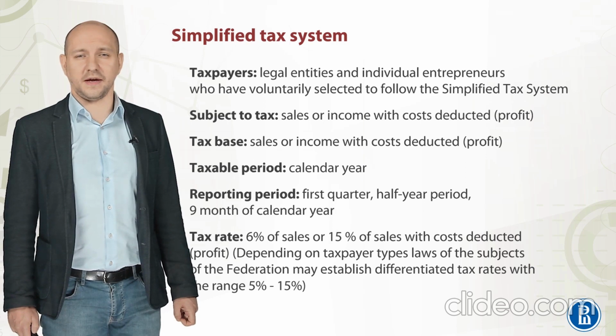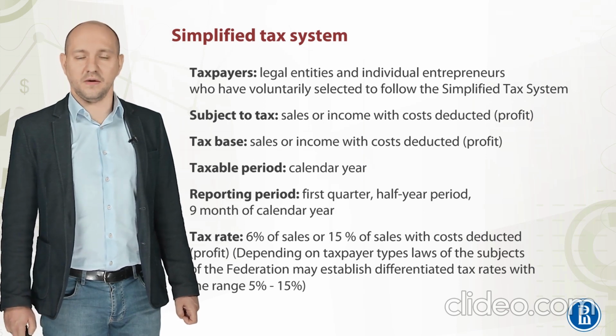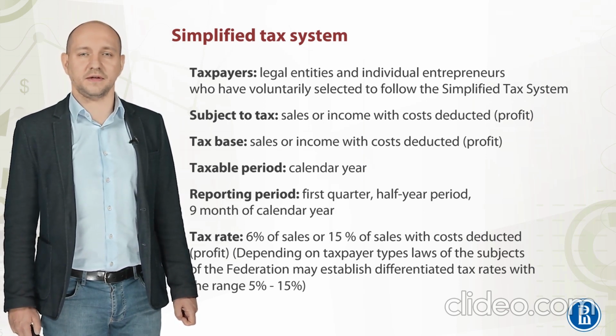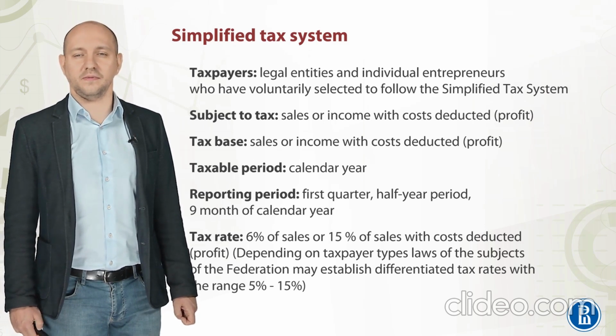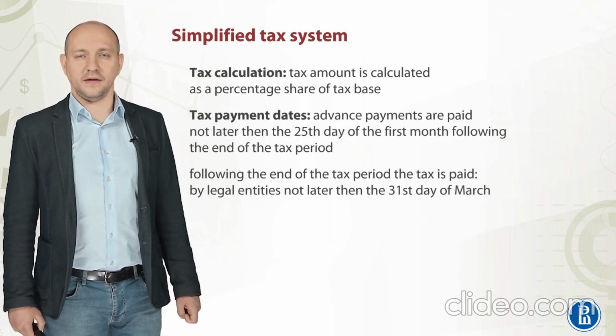Taxable period is a calendar year, and the tax base, as we have just discussed, depends on the mechanism that the company has chosen. It could be either sales or income of the company. Then tax calculation is pretty simple.